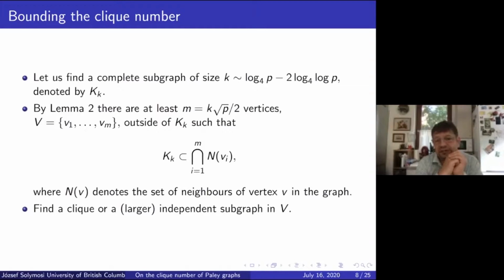So you find a complete subgraph of size a little less than what is guaranteed by Ramsey, but that's fine. This is not our final result, but it's small enough that we have this property that many other vertices are connected to all elements. In other words, by the lemma we had up there, there are many vertices, V1, V2, ..., Vm, where m is more than root p, such that their common neighborhood, so the intersection of the neighborhoods, contains this complete graph.